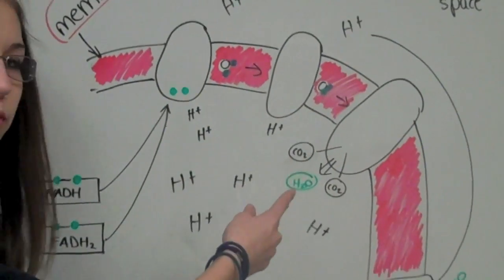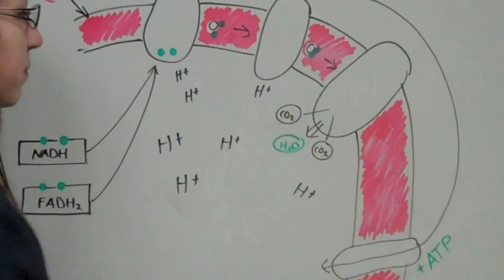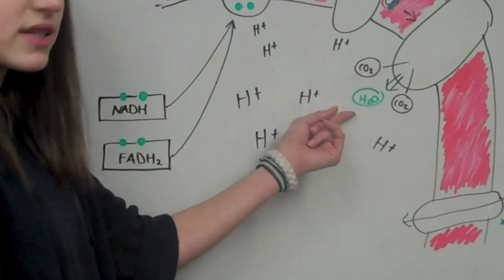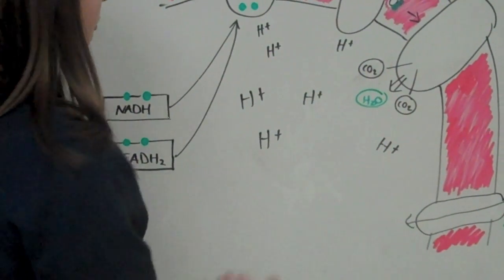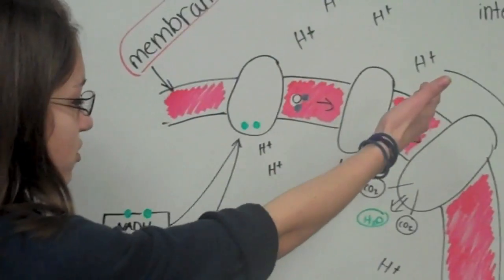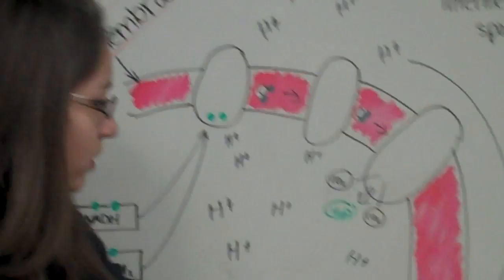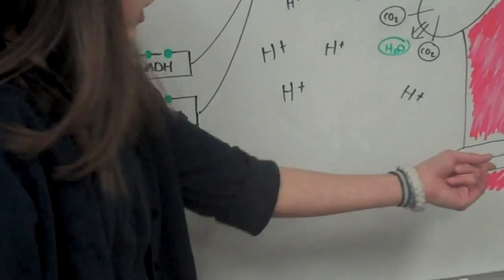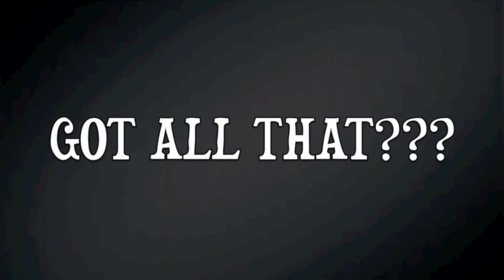Once it hits the third protein, hydrogen ions pop through, but O2 combines with the electrons and produces H2O. That exits the cell. Hydrogen ions want to even out, so they go through ATP synthase to even out, creating ATP.